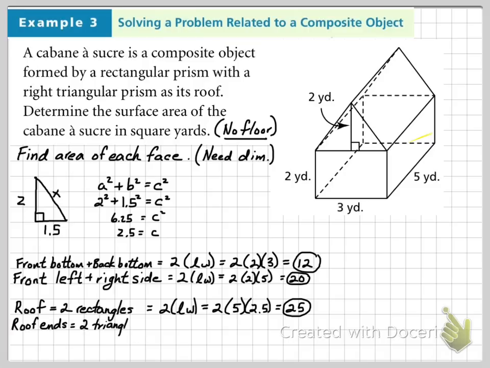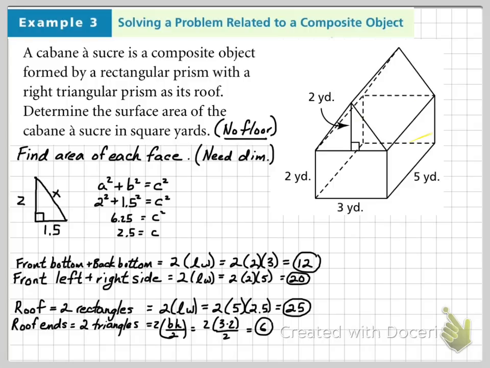The roof ends are two triangles. Since they have a base of 3 and a height of 2, the area is going to be base times height divided by 2, times 2, so 2 times 3 times 2 divided by 2, which gives me an area of 6.